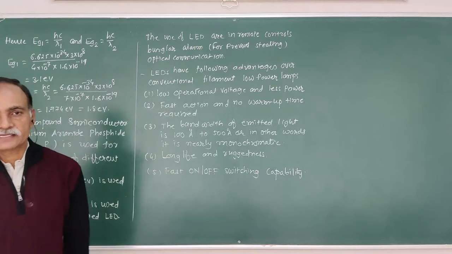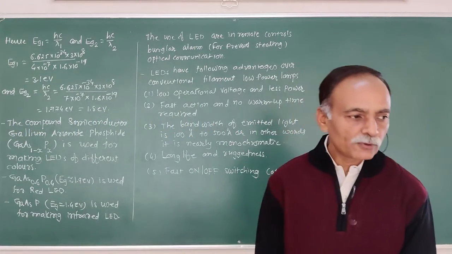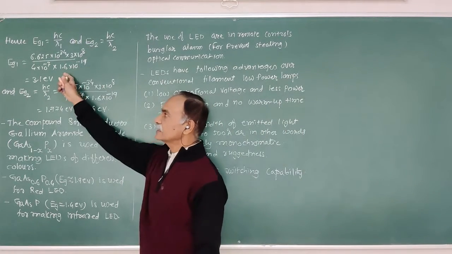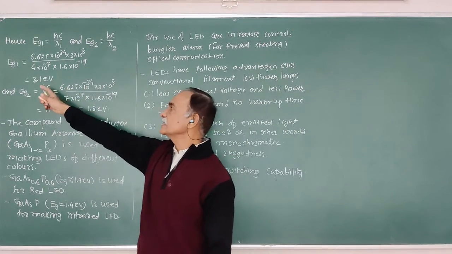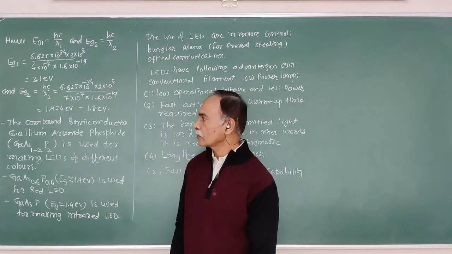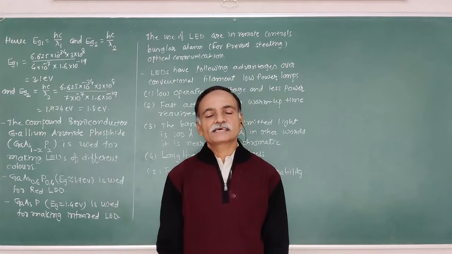Again we repeat: we discussed the wavelength of the visible region, 0.4 micrometer to 0.7 micrometer. Corresponding to this wavelength, the band gap energy is 3.1 electron volt and 1.8 electron volt. Which material is preferred for light emitting diodes?